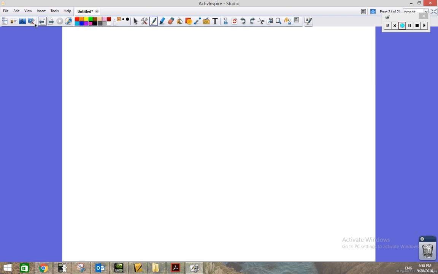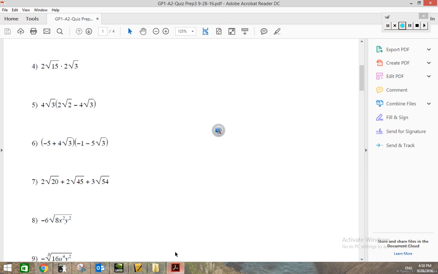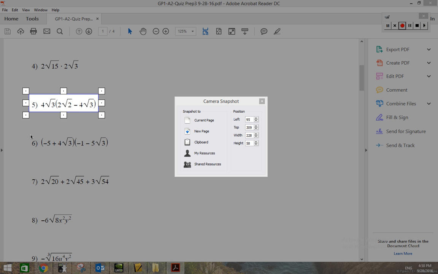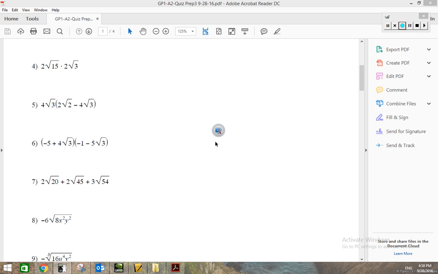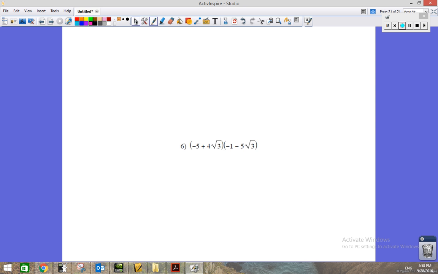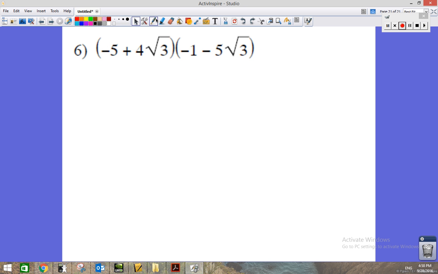Let's move on to problem number 6. We have a binomial times a binomial. I suggest that you do this using a table. On the left side of my table, I write the first binomial.